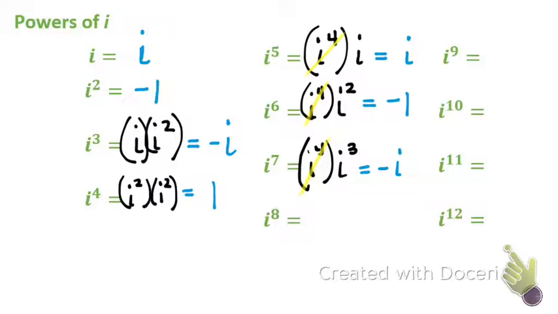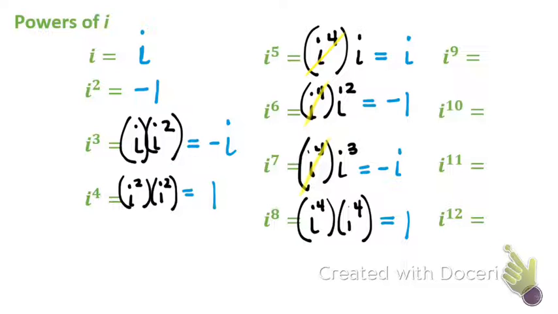And i to the eighth is i to the fourth twice, which is just going to be 1. So it's a cycle. It goes i, -1, -i, 1. So again, these last 4 are going to be the same.